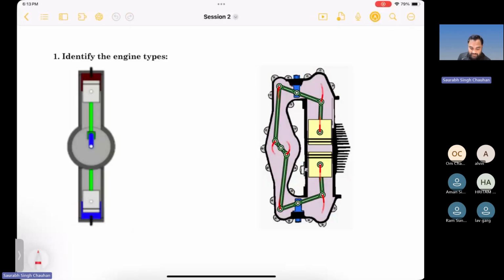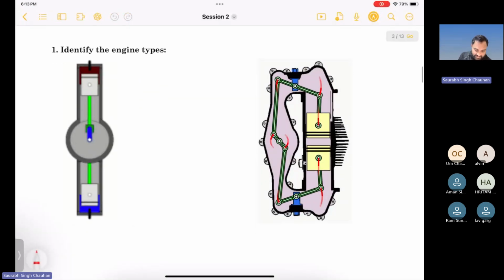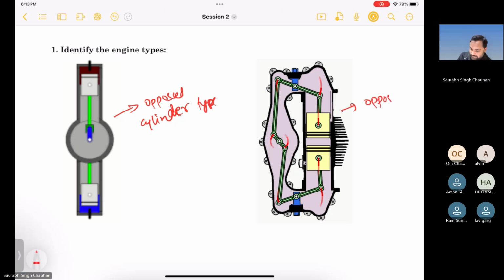So again we will come to our original file. Let us write the answer here as well so that you can access this file later. So this type of engine was opposed cylinder type. This type was opposed piston type.